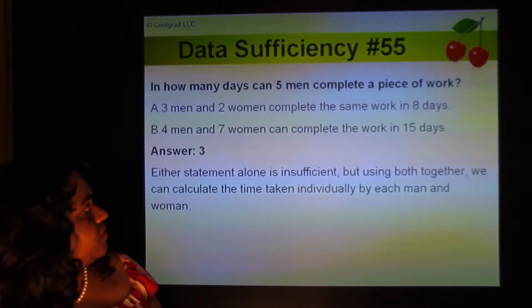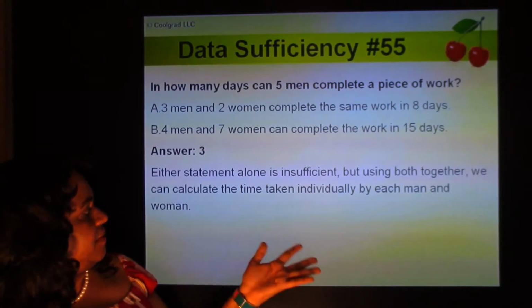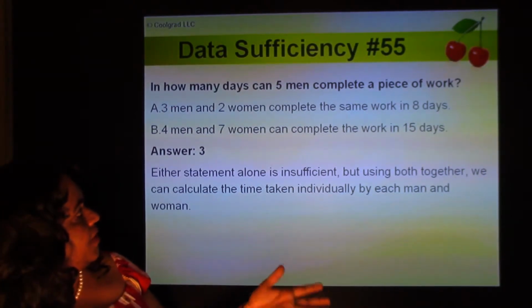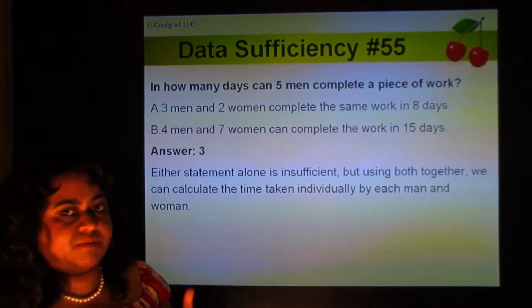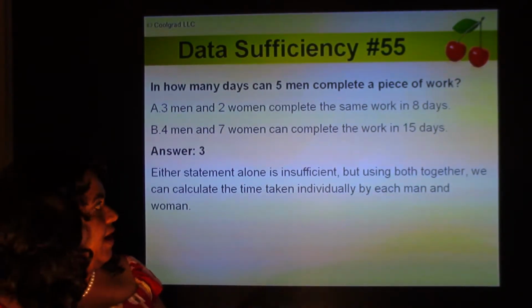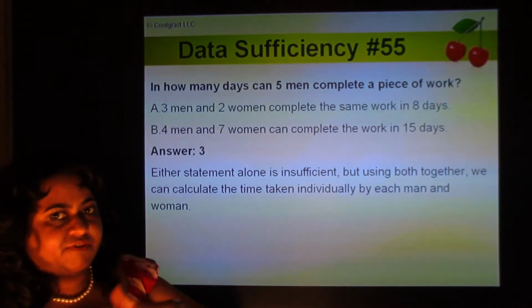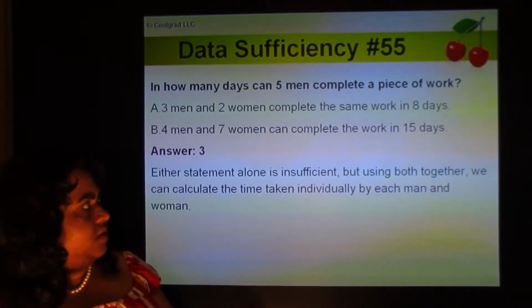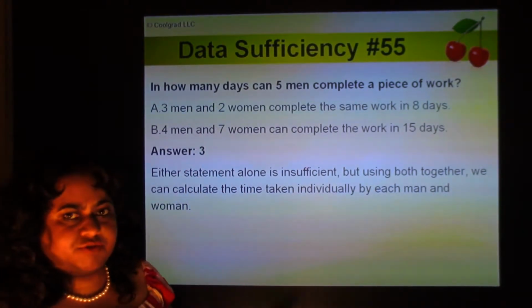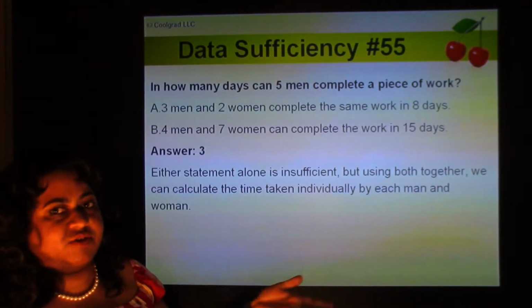But using both together, we calculate the time taken individually by each man and each woman. Solving these two, you can find the time taken by each man and each woman, and from that we know the time taken by 1 man to do the work, and so from that we calculate the time taken by 5 men. It will be 1/5 of that time. So we pick option 3. This doesn't take too much time to analyze. You look at it and you know the answer.